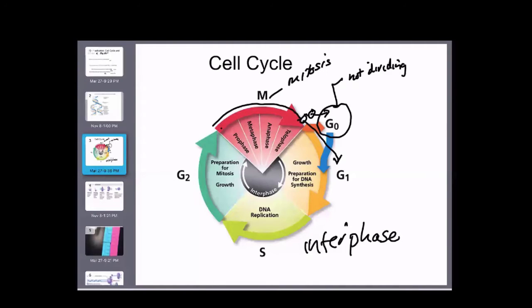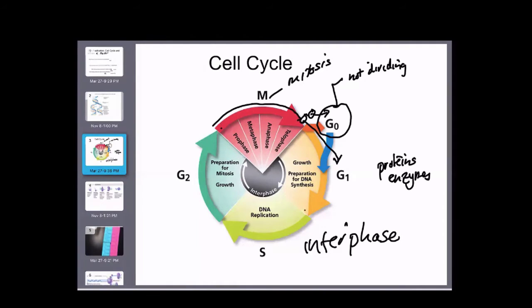And then there has to be preparation for DNA synthesis. So before the cell's going to divide, you have to have all the right things to undergo DNA replication. So proteins. If you think about all the different enzymes that are required for DNA replication, those have to be made and prepared before the cell can even go into DNA replication.